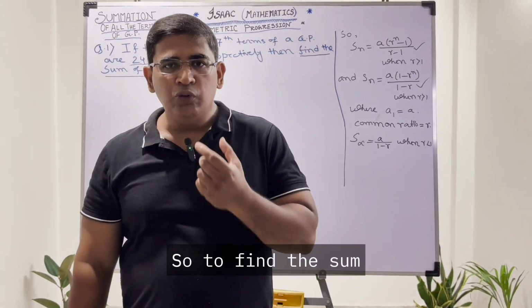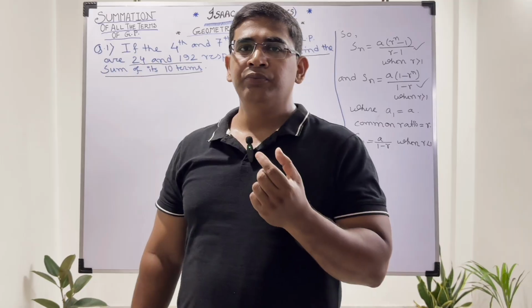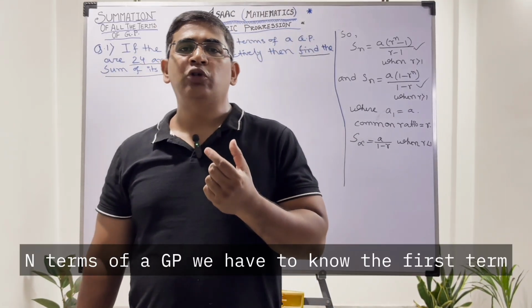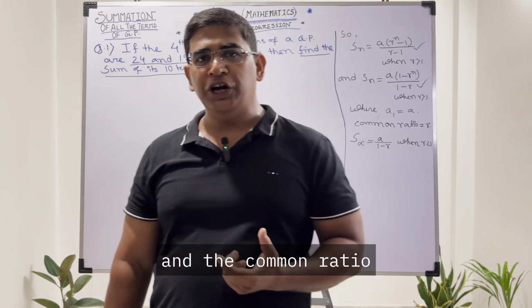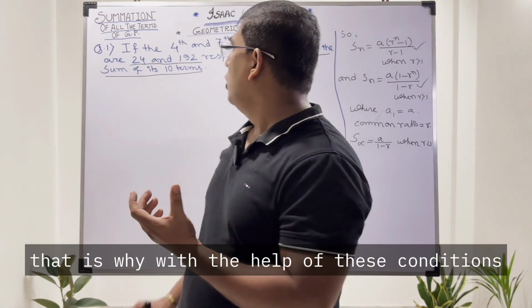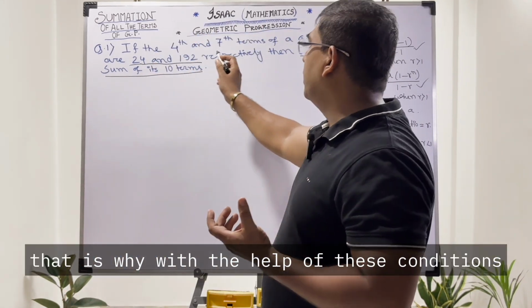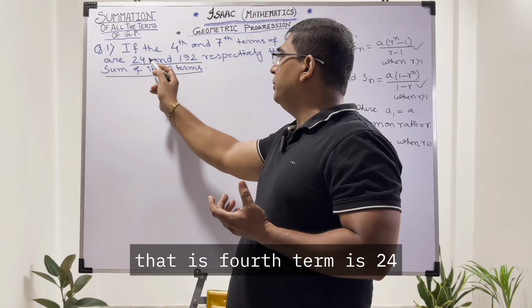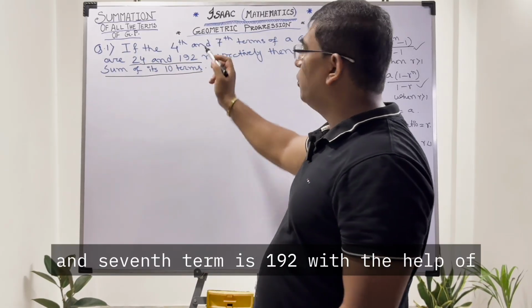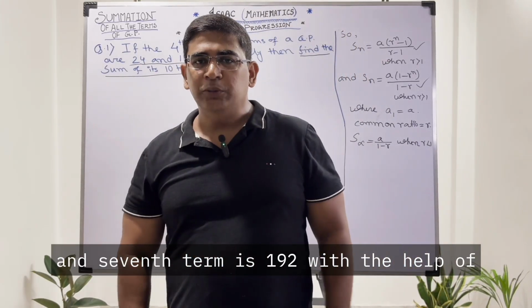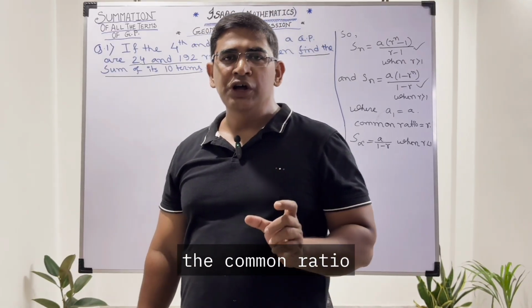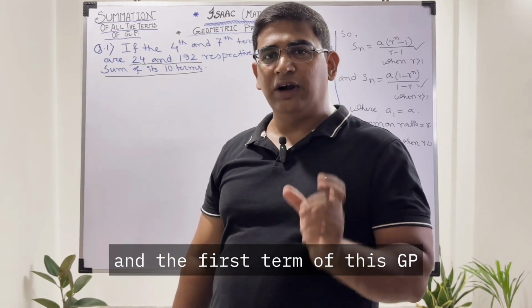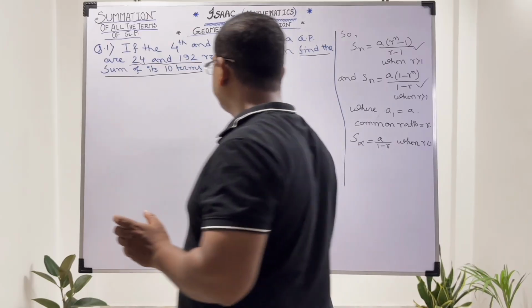Okay, so to find the sum of n terms of a GP, we have to know the first term and the common ratio. That is why with the help of these conditions, that is, the fourth term is 24 and the seventh term is 192, first of all we have to find the common ratio and the first term of this GP.